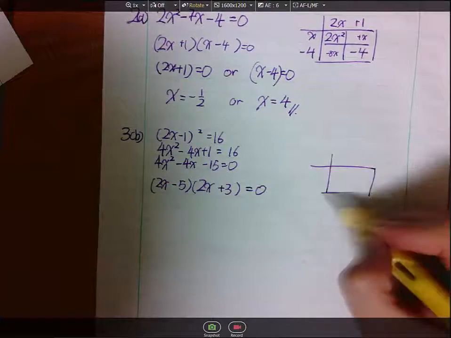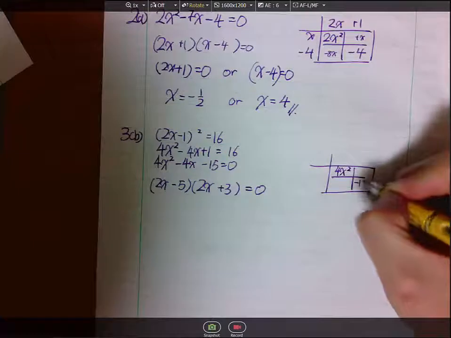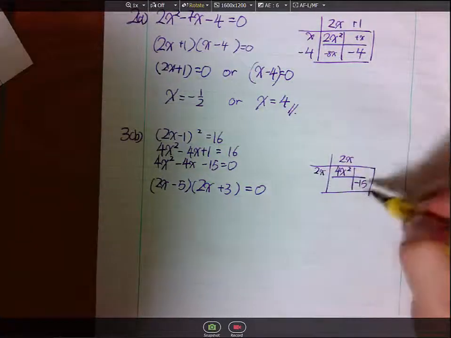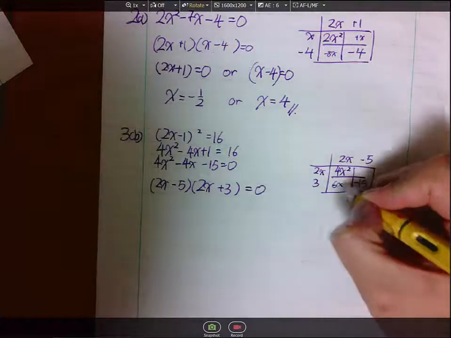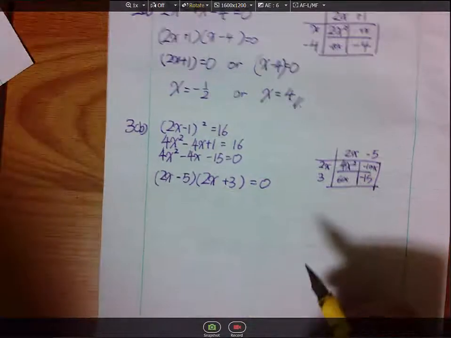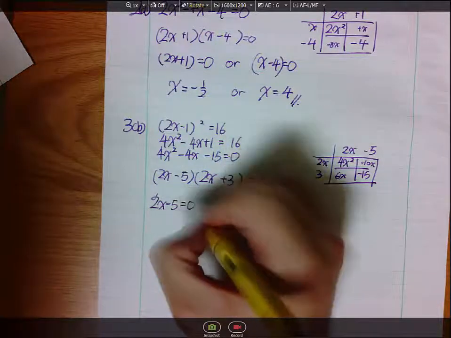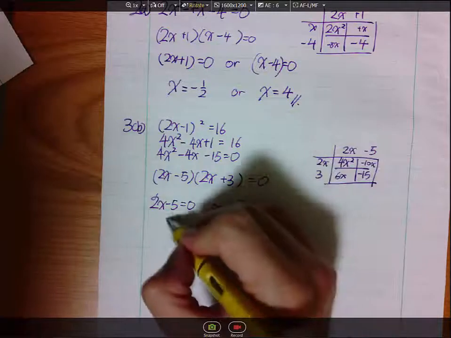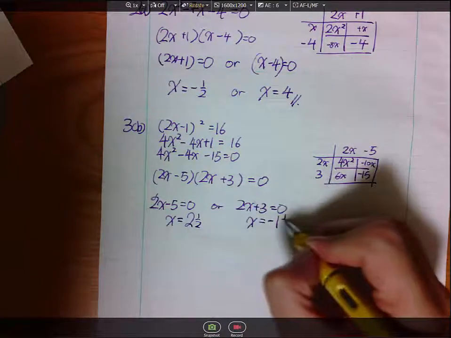What we should get is 4x squared, negative 15. We try 2x and 2x. 15 can be written as negative 5 and 3. We try 6x minus 10x is negative 4x. This factorization is correct. Then we know that 2x minus 5 is equal to 0, or 2x plus 3 is equal to 0. x is equal to 2.5, or x equals negative 1.5.